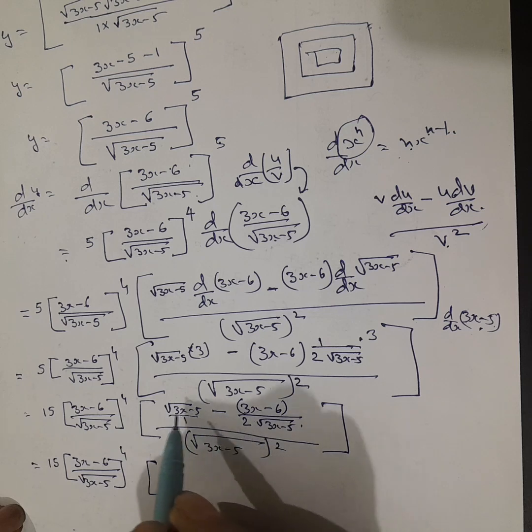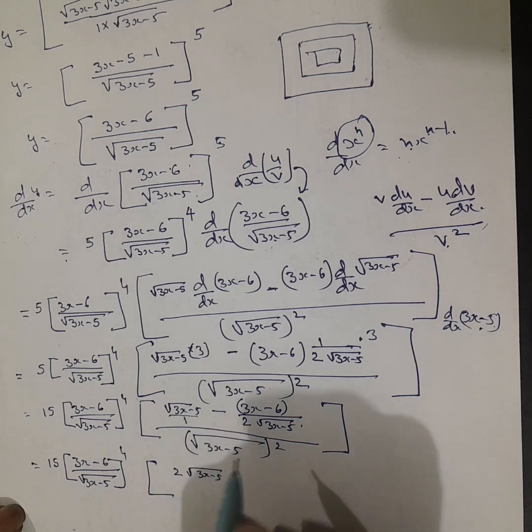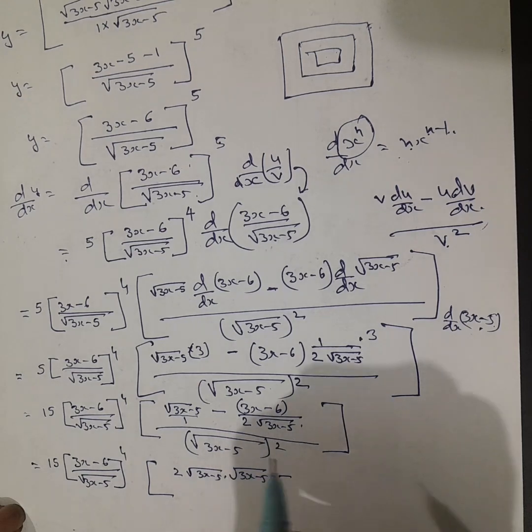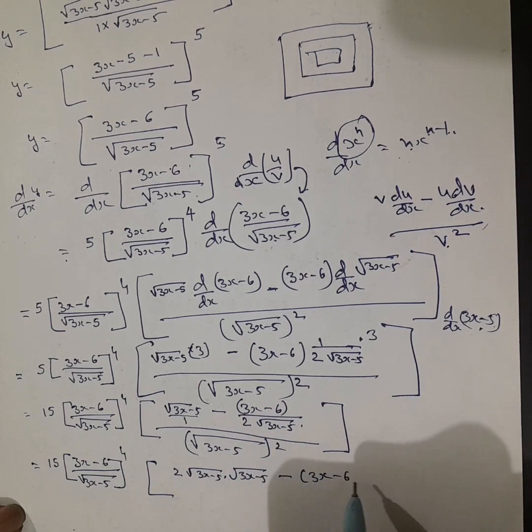So this goes there, so this becomes 2 into root 3x minus 5, that is this part which has gone there, multiplied by root 3x minus 5 is this one, minus here it is just 1 into 3x minus 6.